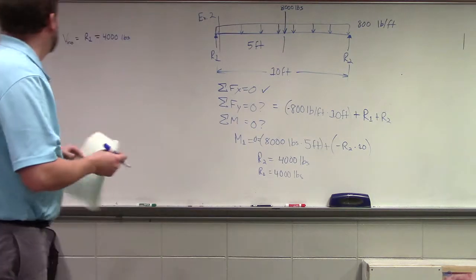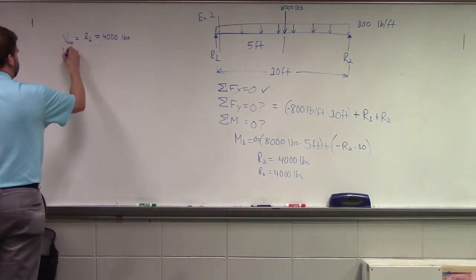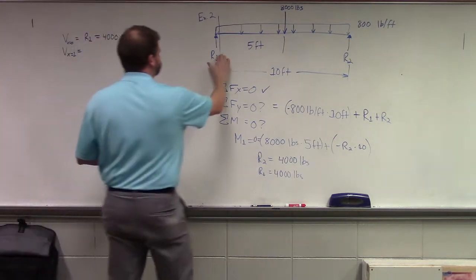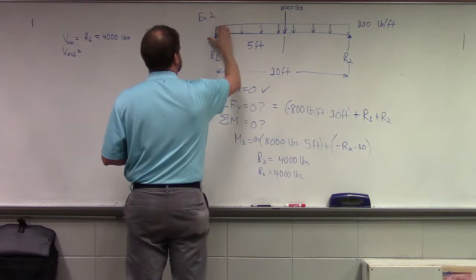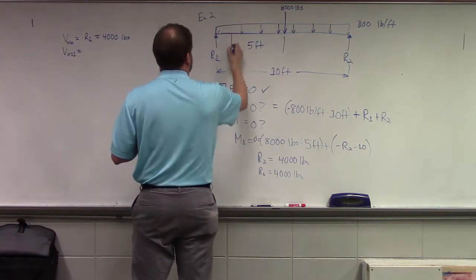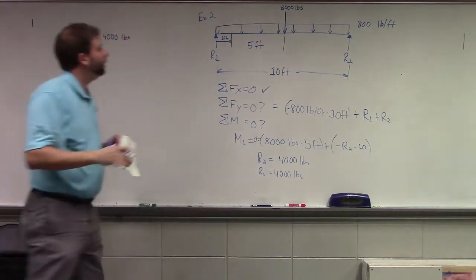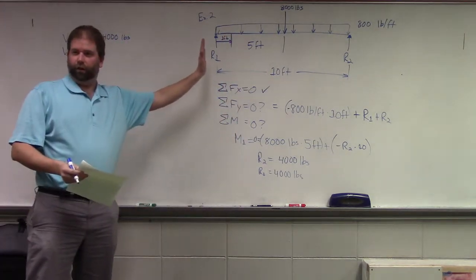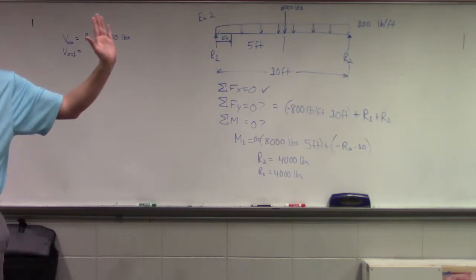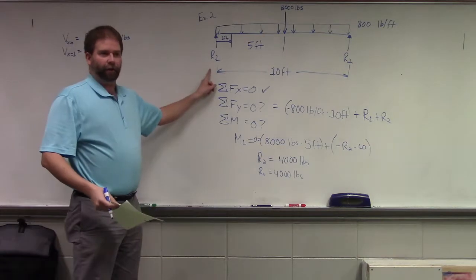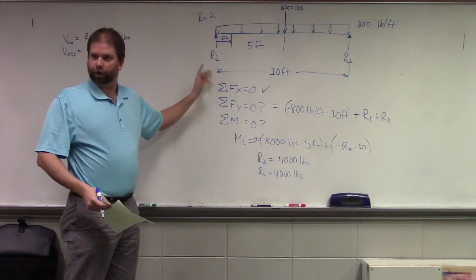Okay, let's have our next point be 1 foot away from R1. If we're looking at the 1 foot left of where we made our cut, what forces do we have acting on the beam in shear? Two forces, right? We'll still have our reaction, R1, trying to shear that beam.